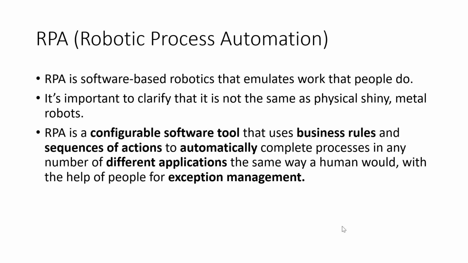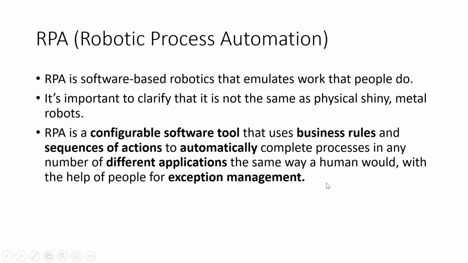And as we discussed earlier, it's not at all about a physical robot. It is about a software robot that we develop using an RPA tool. If you automate one process, that is called a bot.